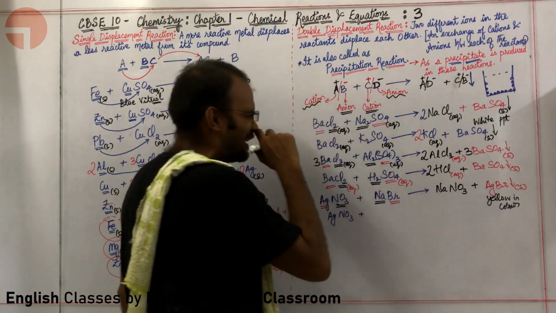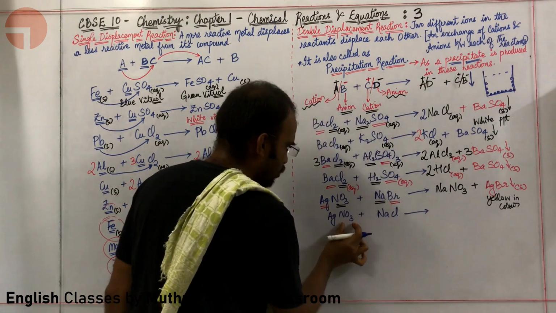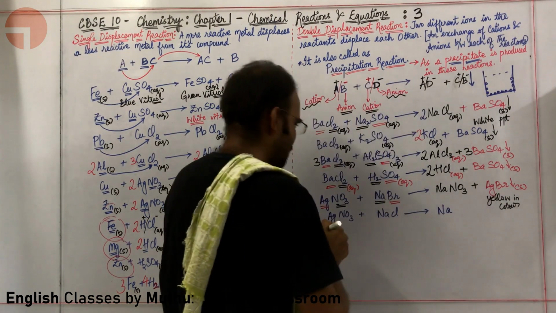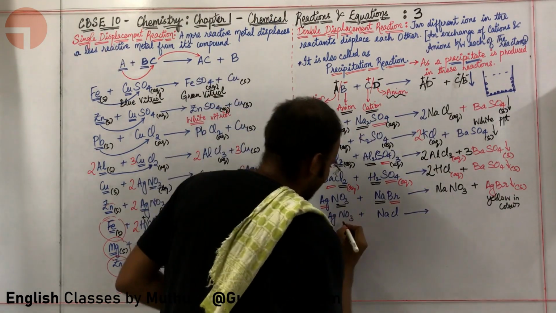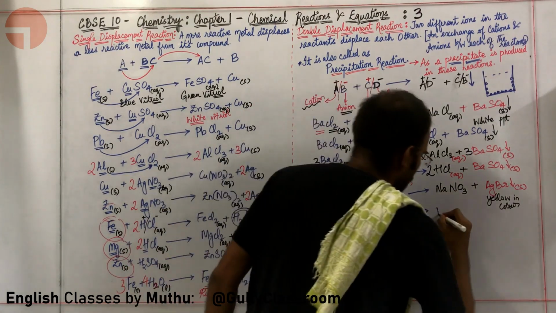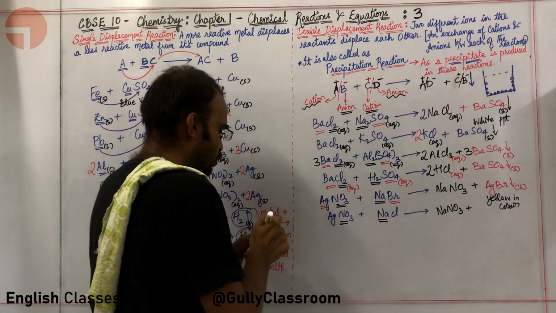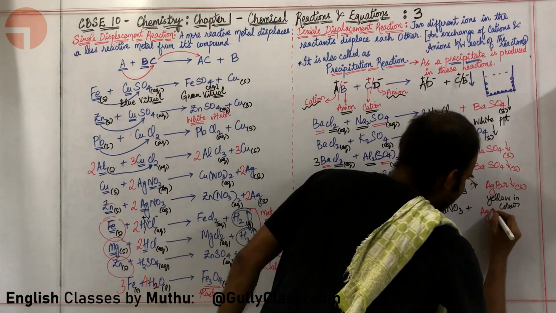AgNO3, when it is reacting with NaCl, what is happening? NO3 and Na will once more combine to form NaNO3, sodium nitrate. Now Ag and Cl will combine to form AgCl.